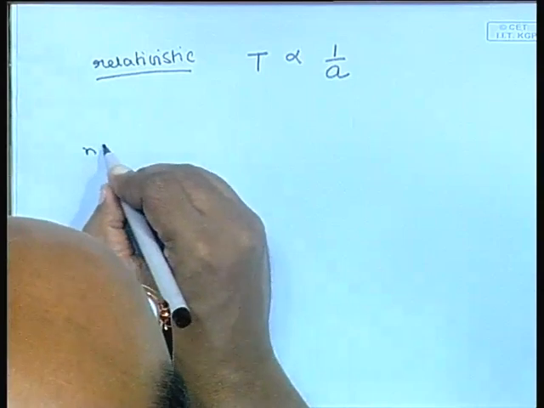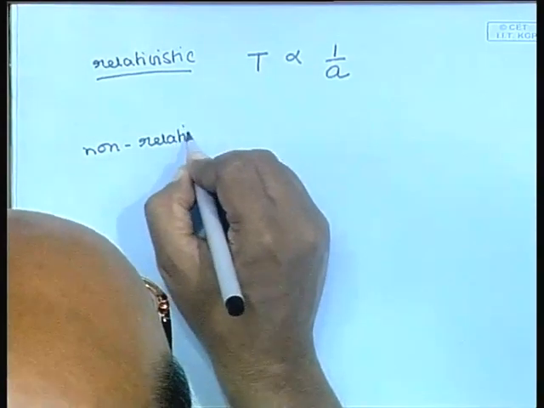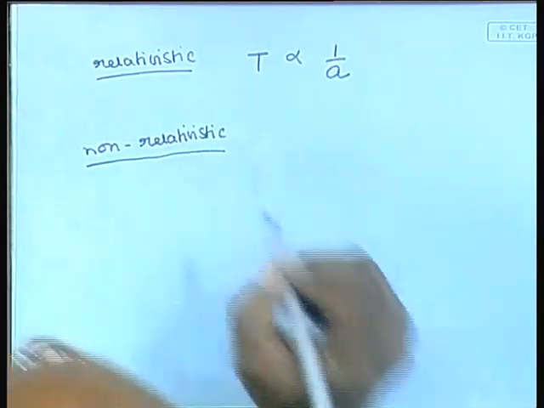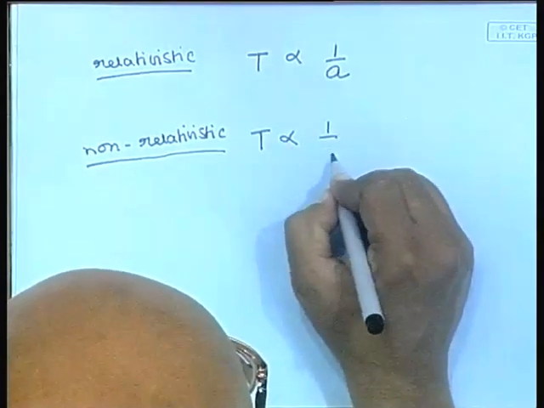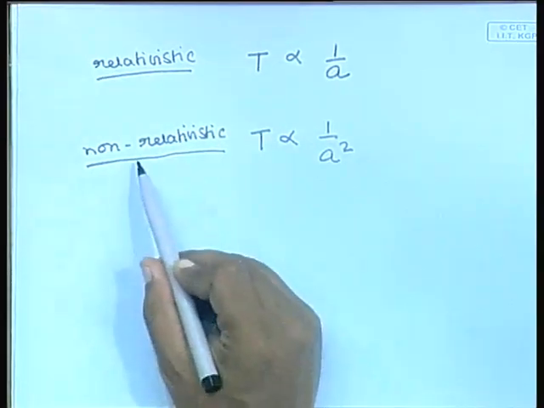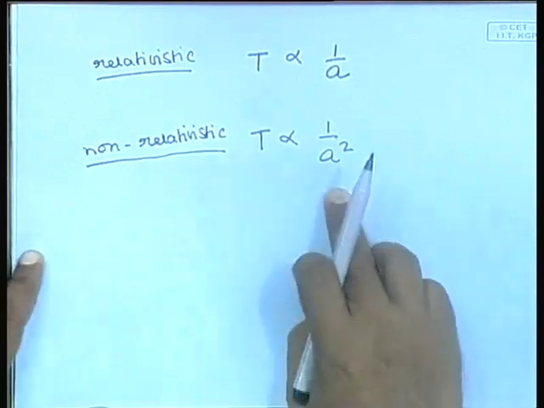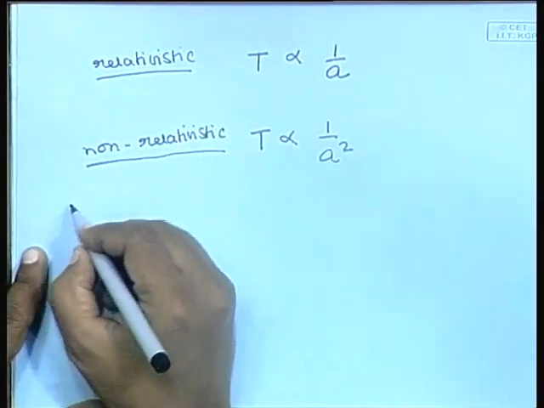For non-relativistic particles, the temperature scales as 1 by the square of the scale factor. So, for non-relativistic particles, the temperature falls much faster with the expansion of the universe as compared to relativistic particles.